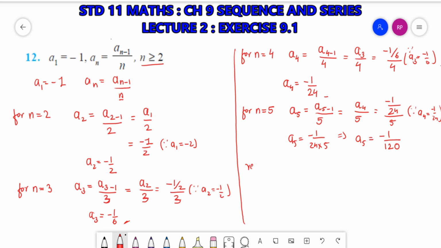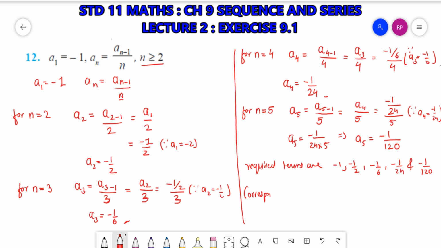Okay, so the required terms are A1, that is minus 1, A2, that is minus 1 by 2, A3, that is minus 1 by 6, A4, that is minus 1 by 24, and A5, that is minus 1 upon 120. Okay, so these are the required terms.